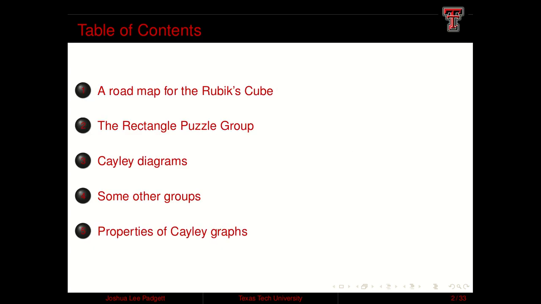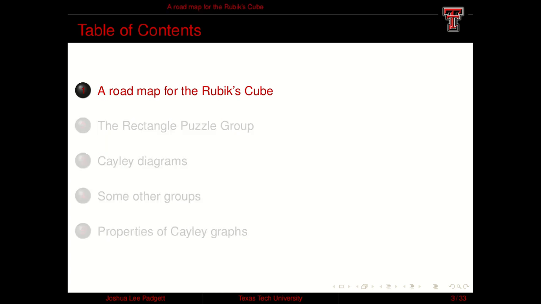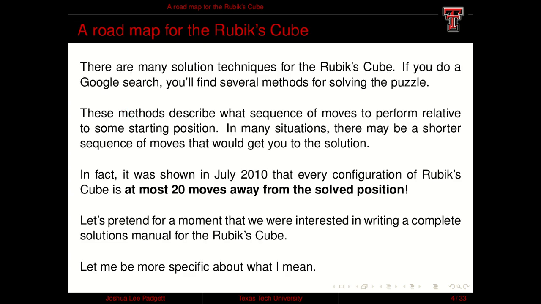So the start of this and the start of our notes that have been posted has been this concept of constructing a roadmap for the Rubik's Cube. And the idea was pretty simple. While you were probably even in school yourself, because I had people demonstrate this to me when I was in middle school, there are many techniques that allow one to solve the Rubik's Cube without knowing anything about the Rubik's Cube.